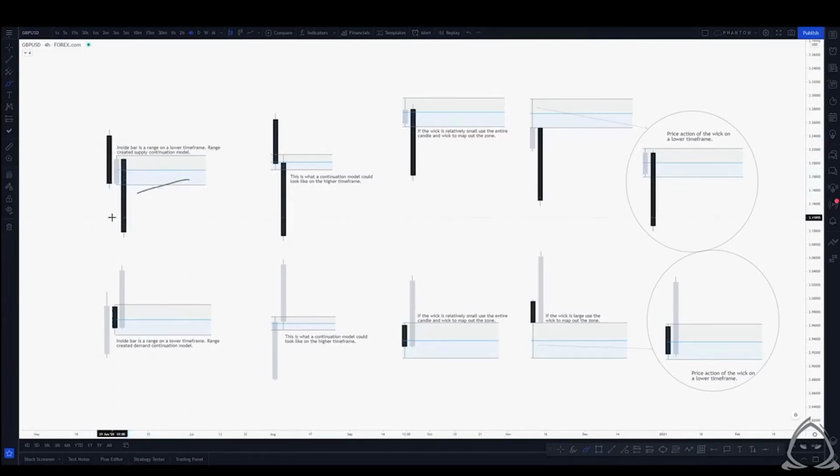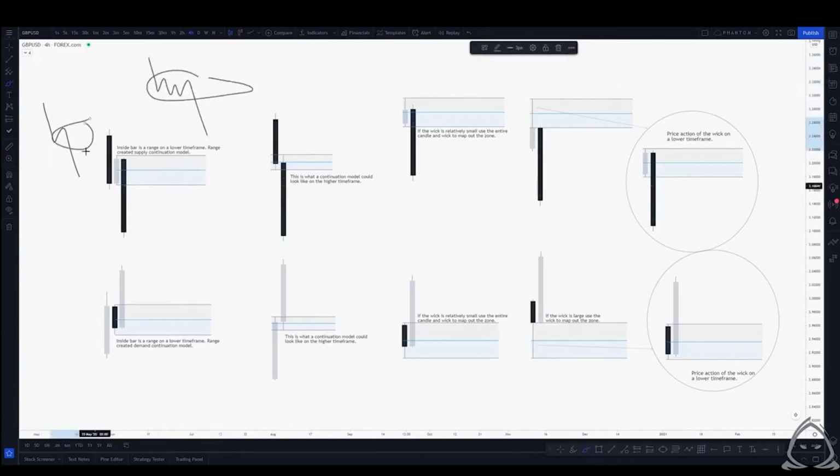And if we just think about what this is implying on a lower time frame, back to our models of creation of supply and demand, what we can gain from that is that this is actually a continuation model of a supply zone being created, whether it be a pivot created supply zone continuation or a range bound supply zone continuation.